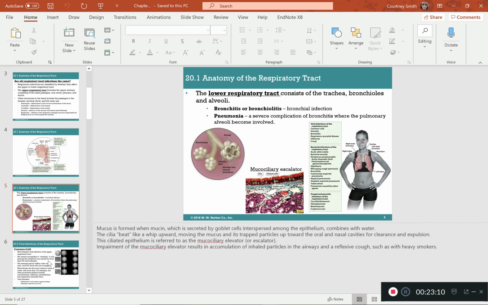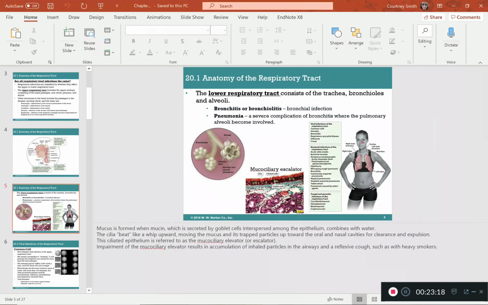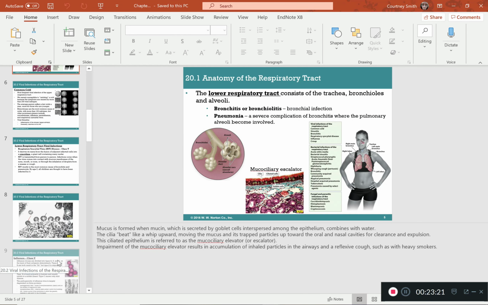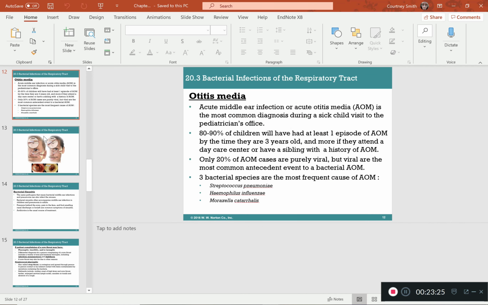With that, I'm just going to go in order. We're going to go to otitis media, which is the ear. Otitis media infections are middle ear infections. They're very, very common.